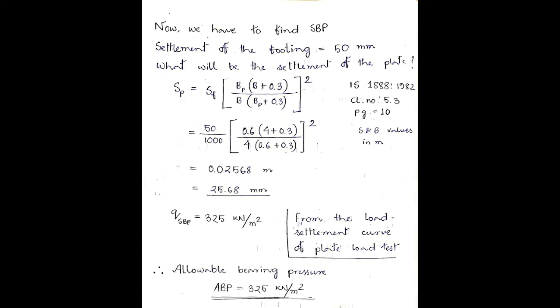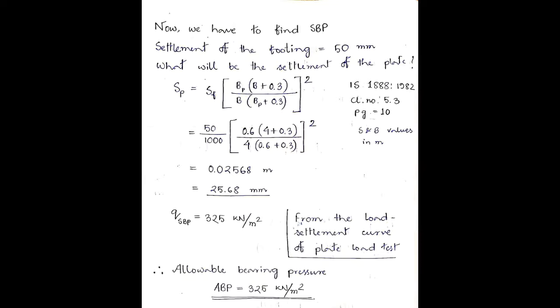Using this formula, we find the settlement of the plate corresponding to a settlement of 50 mm to the footing. Using this settlement of the plate, we go to the load settlement curve for the plate load test and we find the loading intensity. Now this loading intensity will be the safe bearing pressure for the footing.